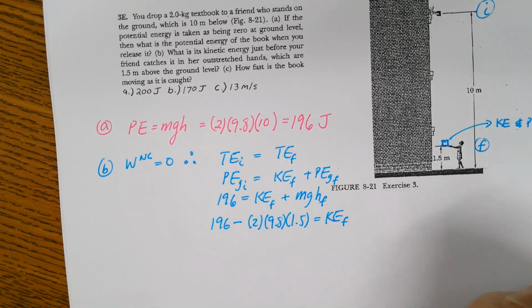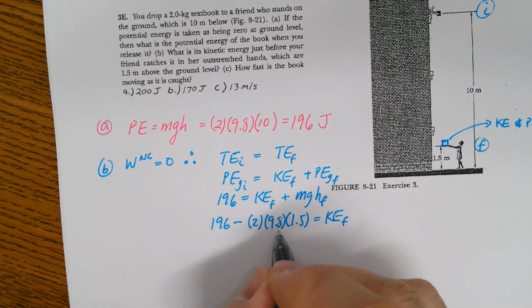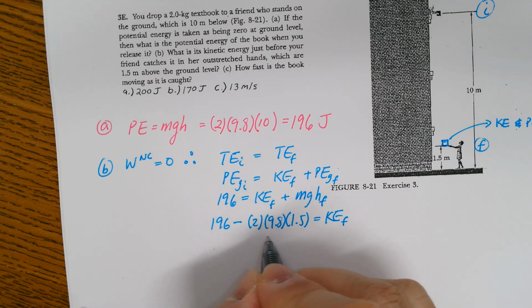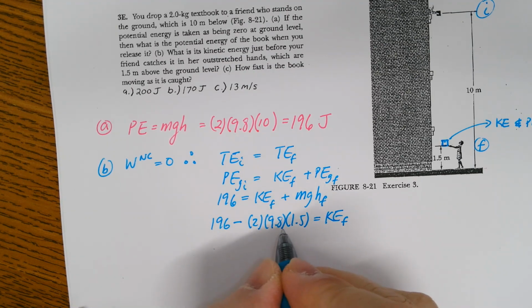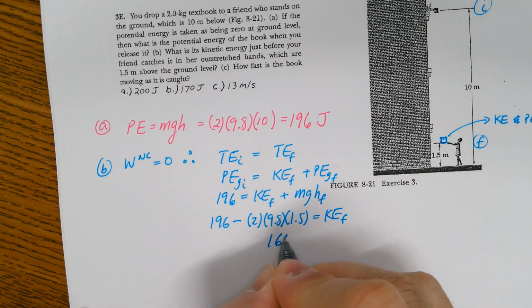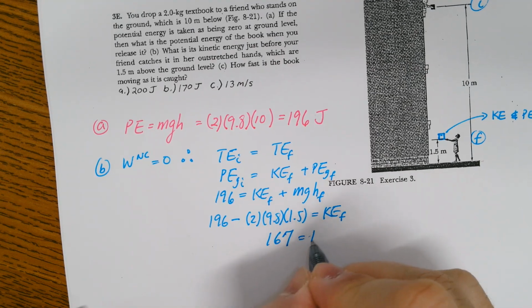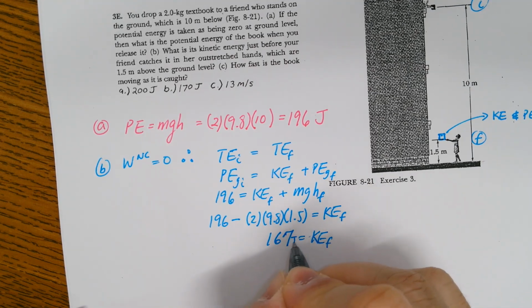If you work it out, I believe this becomes 29.4, so 196 minus 29.4, we get 167 is equal to kinetic energy final.